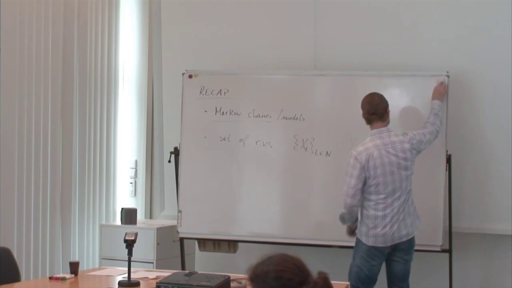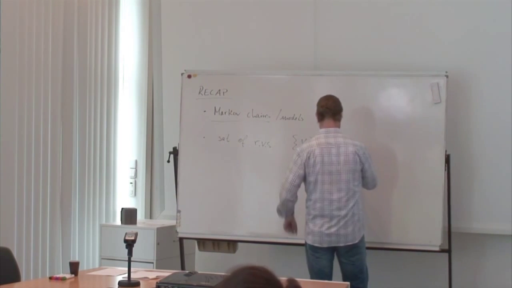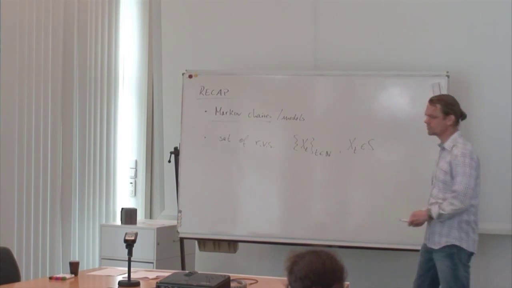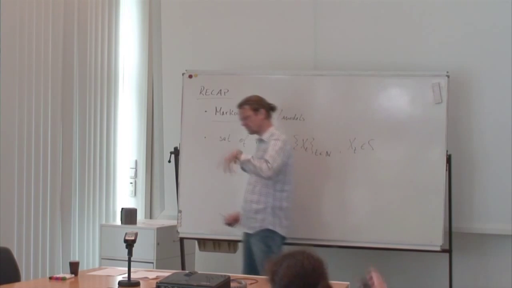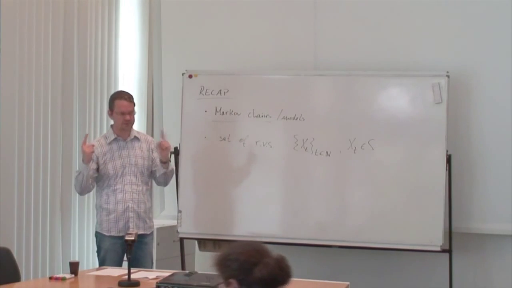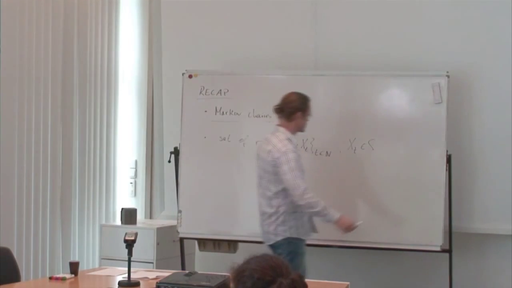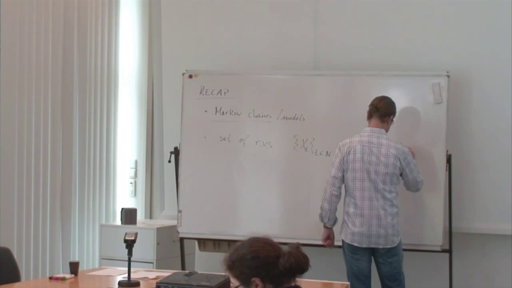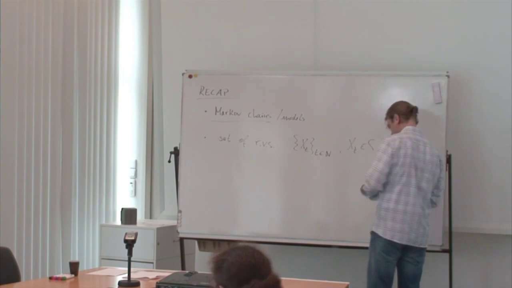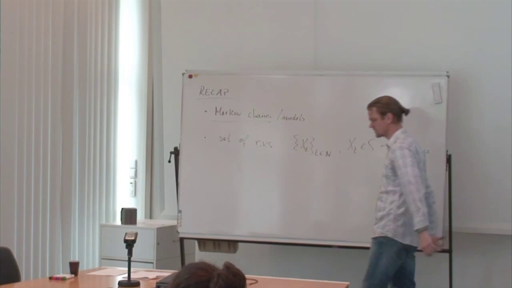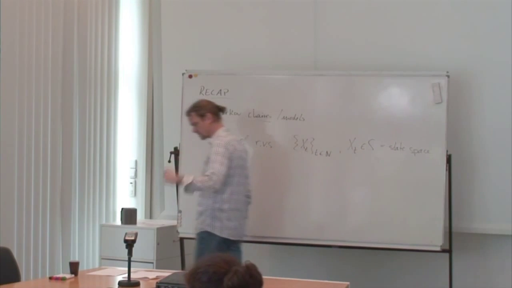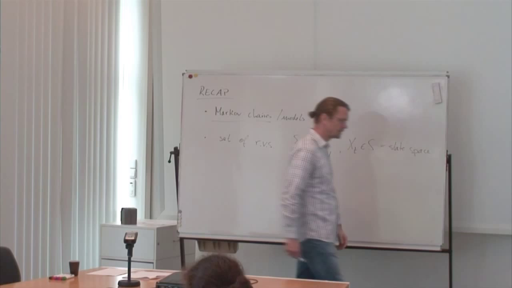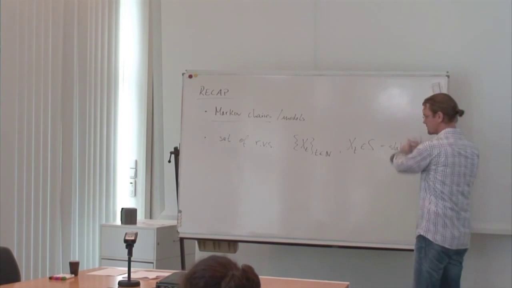Each of those random variables is supposed to take a value in some set S, which throughout this lecture we'll only look into discrete sets S. So this set S is referred to as the state space, and each of these random variables assumes a state out of this state space.